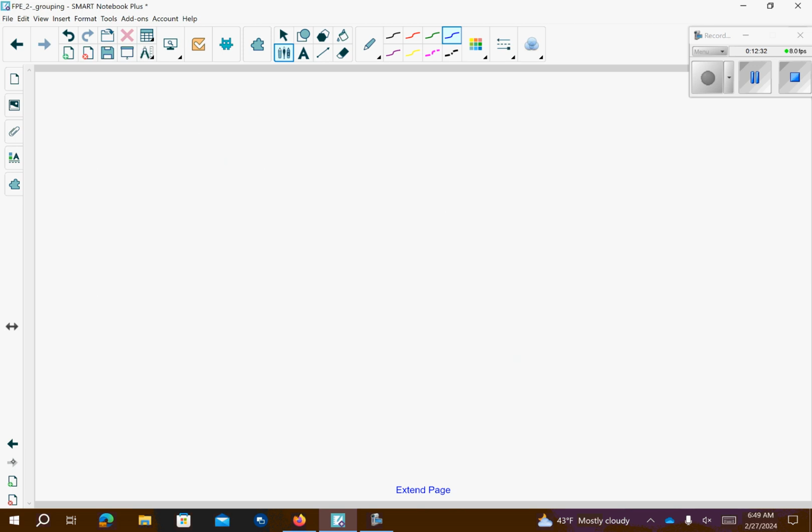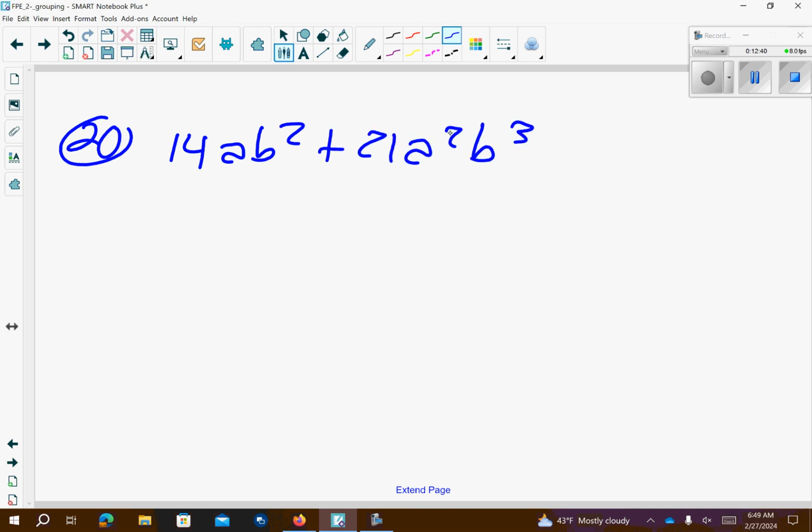Number 20. I have 14ab squared plus 21a squared b to the third. 14 breaks down to 2 times 7. Then I have an a. b squared is bb, plus 21 breaks down to 3 times 7.